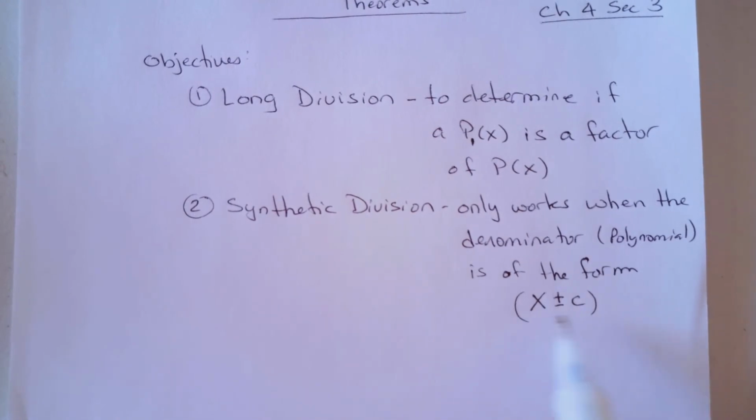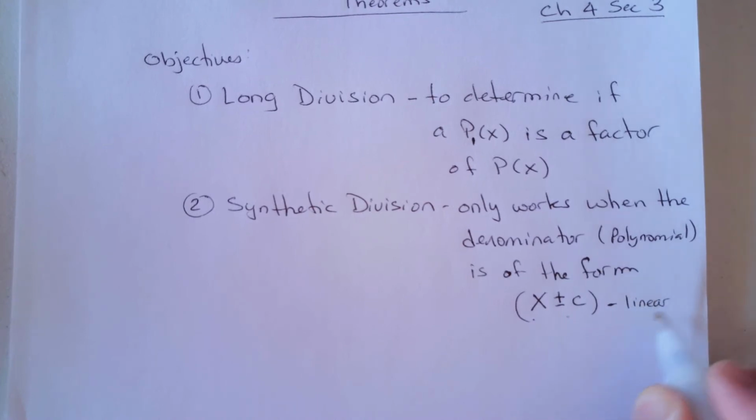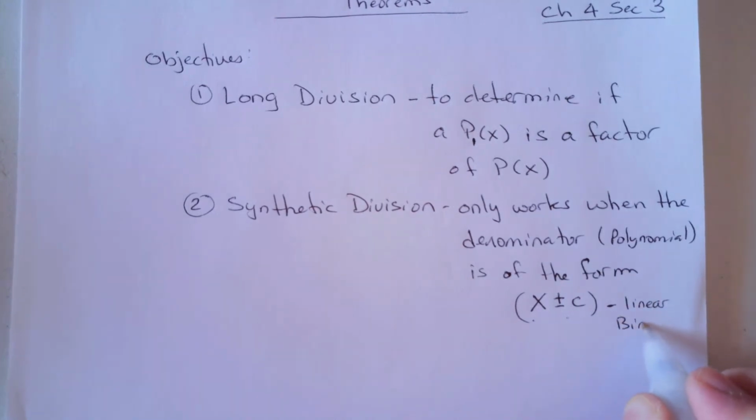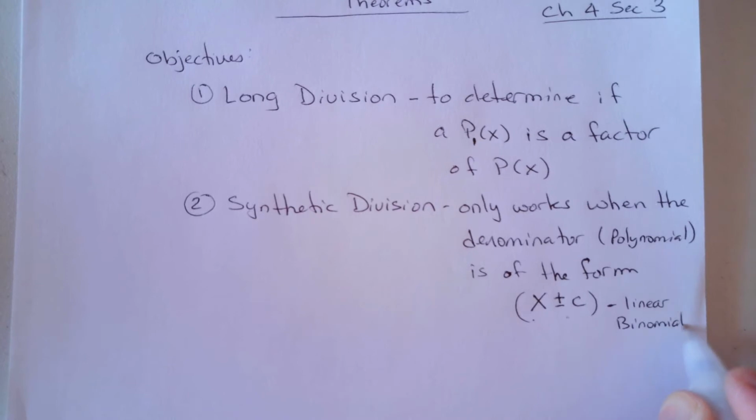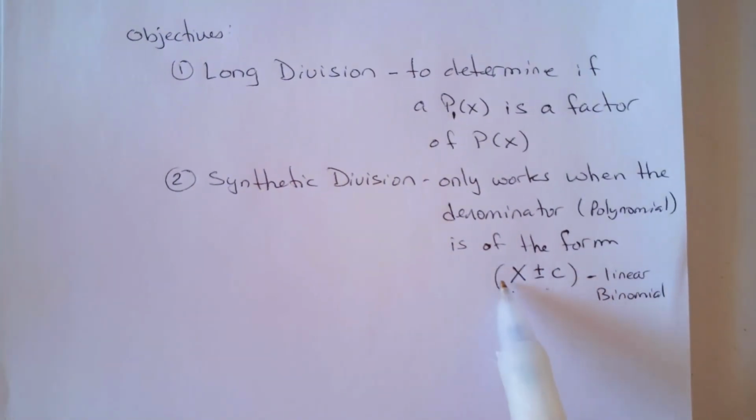So the denominator, the number on the bottom, has to be a linear binomial. In other words, it can't have any exponents, can't have any coefficients, and it can only have two terms.